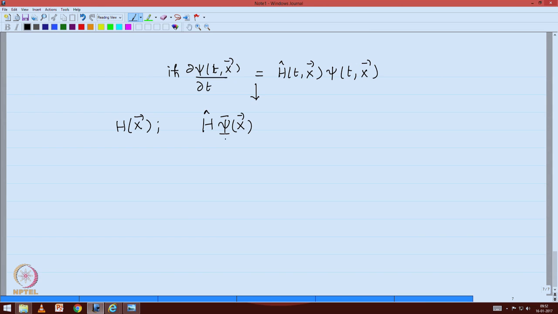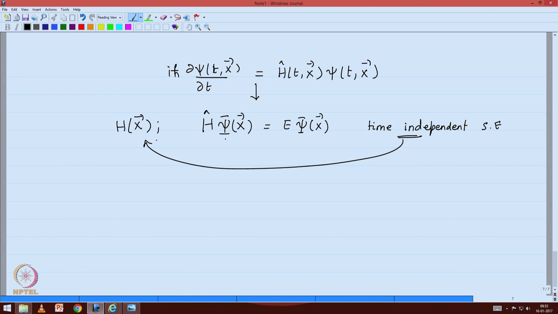Please remember, this is different from the earlier function, which depends on time and position coordinates. This is a wave function which depends only on the position coordinates, and Hψ(x) = Eψ(x). This is the time independent Schrodinger equation.